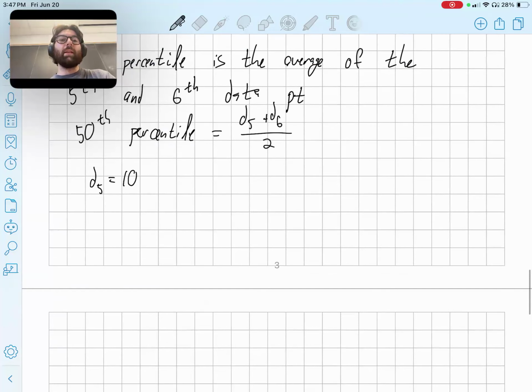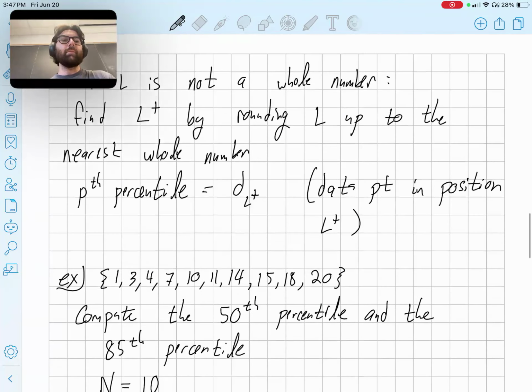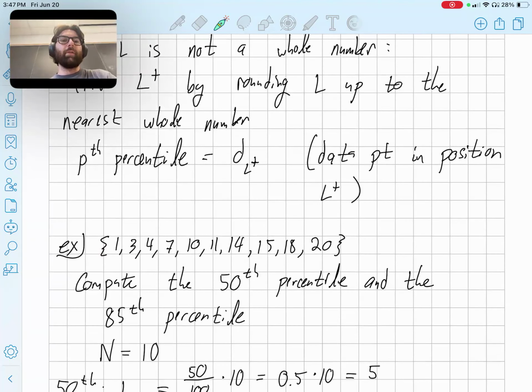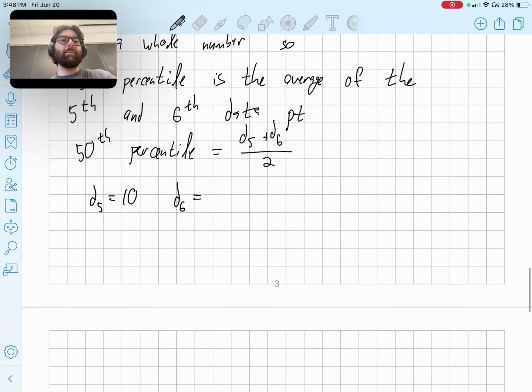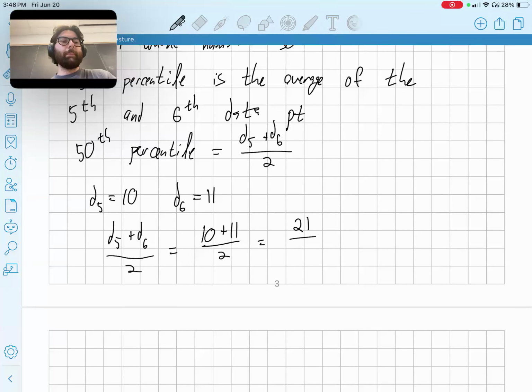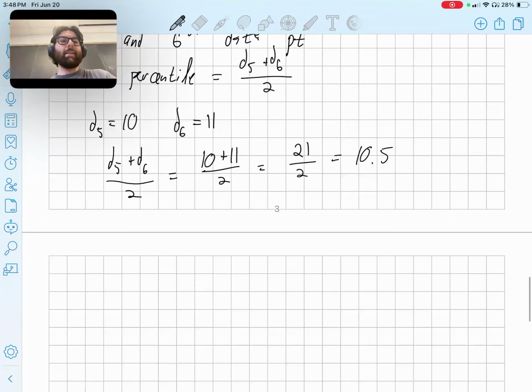And D6 is the next one. 1, 2, 3, 4, 5, 6. So that's going to be 11. So D5 plus D6 over 2 is 10 plus 11 over 2, which is 21 over 2, which is 10.5.